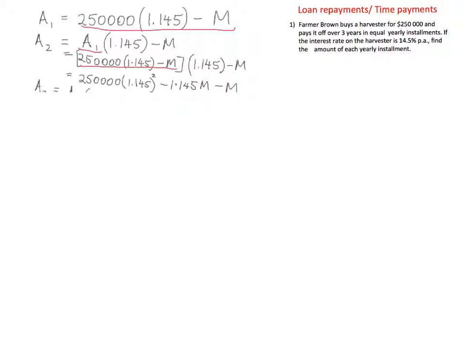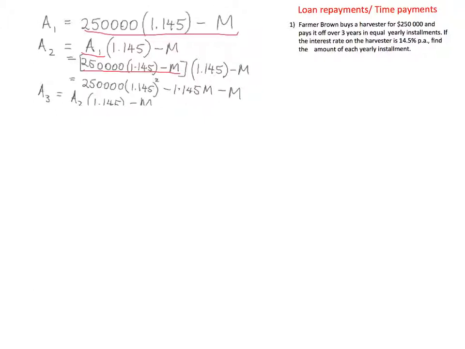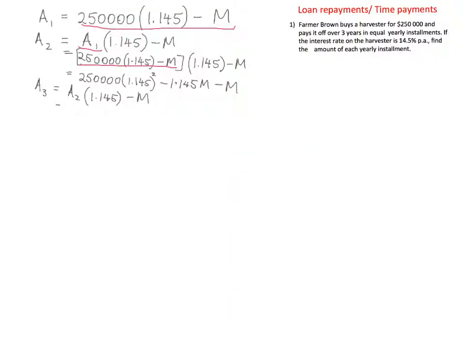The amount owing at the end of the second year then becomes the amount owing at the beginning of the third year, so the principal at the beginning of the third year. So we have our new expression where the amount owing at the end of the third year is the amount owing at the end of the second year. We're going to add on some interest and subtract that third and final yearly instalment.